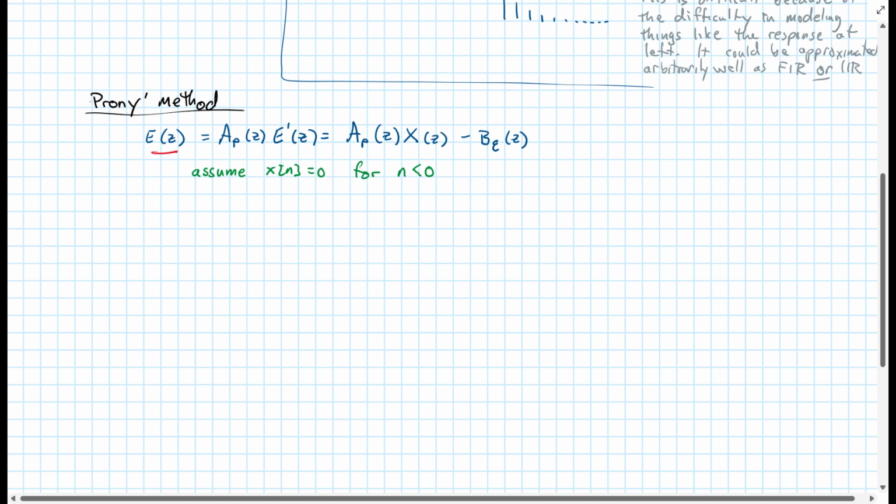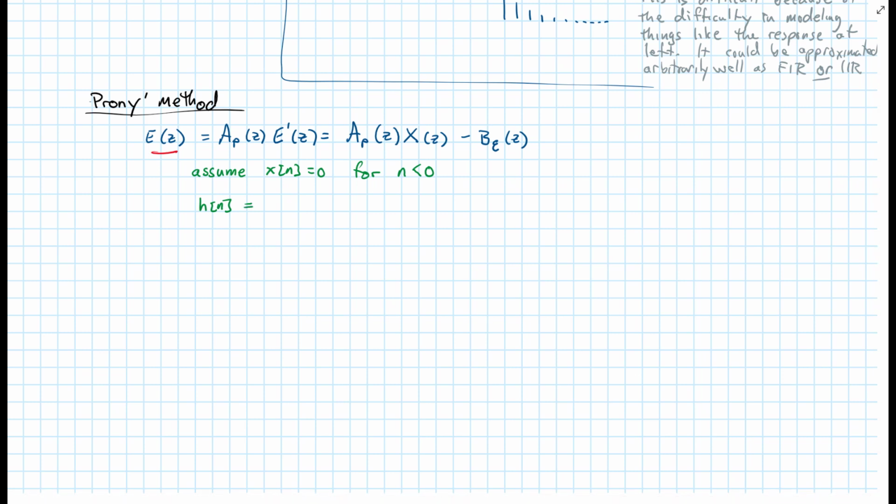So this next part is kind of important in understanding how to frame this and how to work this. We can note that h of n, which is our impulse response, can be written in several different ways. One, it's an impulse response. We have the impulse as an input. We can convolve that with the feedback portion of the filter, followed by a convolution with the feed forward portion of the filter.